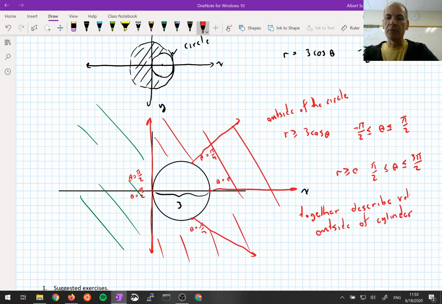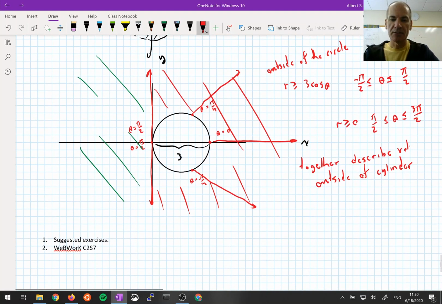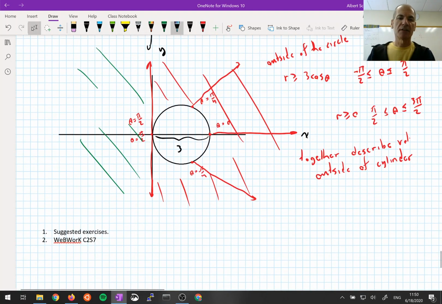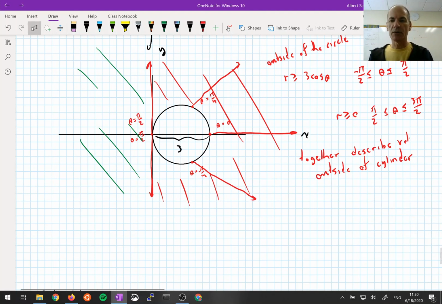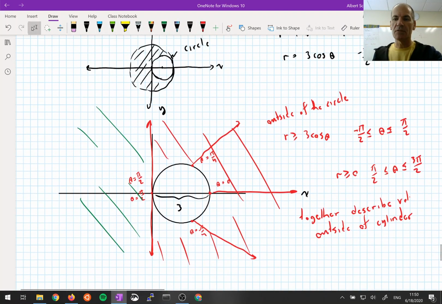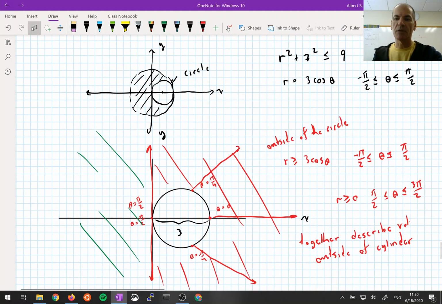And now we're ready to build a membership test. So the membership test that describes the volume that this exercise is looking for is these two pieces together with the condition that keeps you inside the sphere, which we described up here.